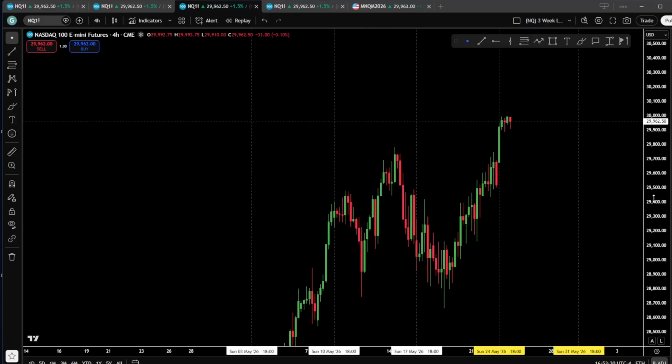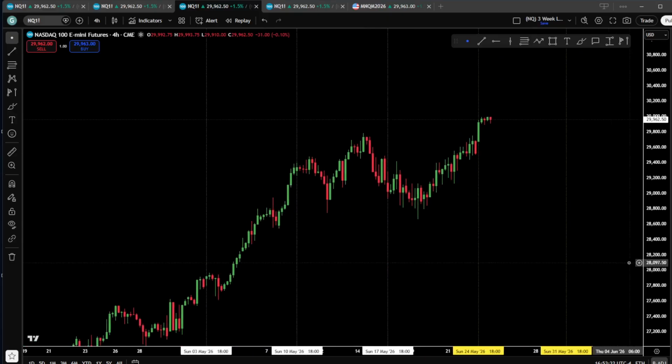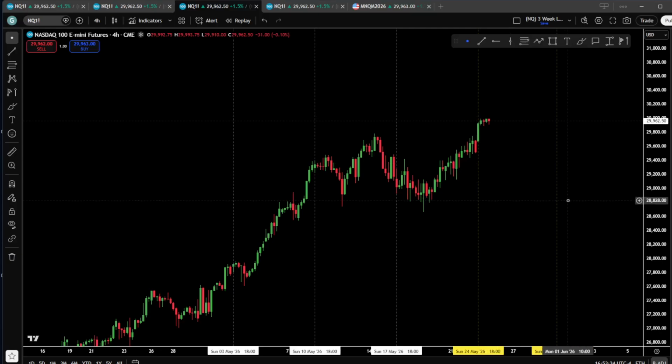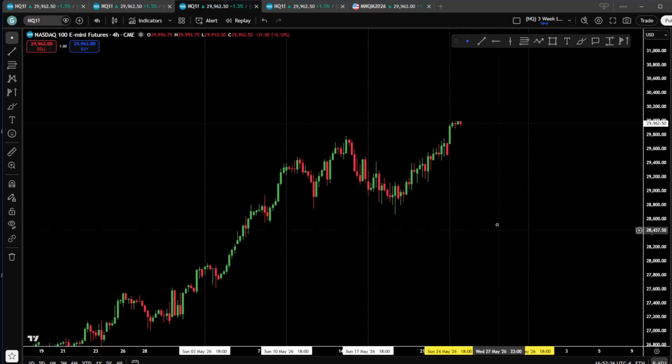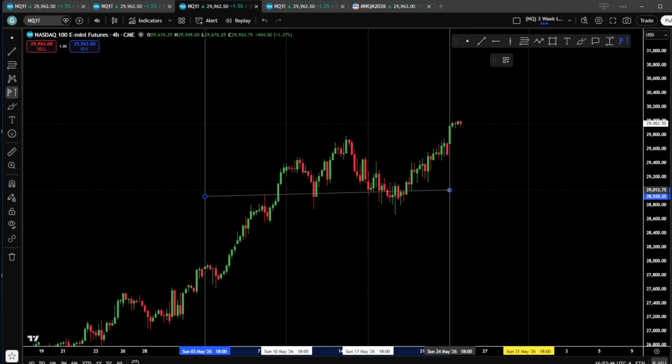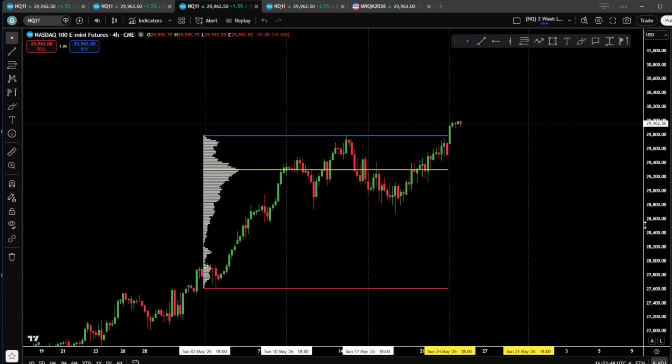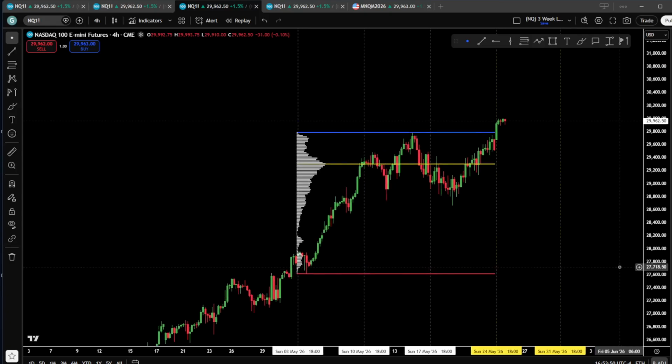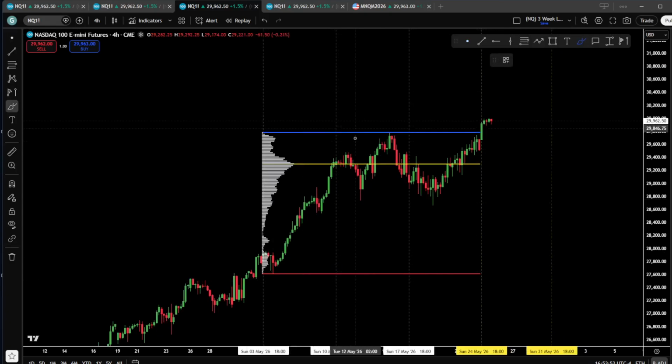If we go on the 4-hour chart, what's interesting here is that being the last week of the month, we can look at a 3-week look back, and this aligns now with the monthly profile at these levels. Here you can see the trending profile so far.